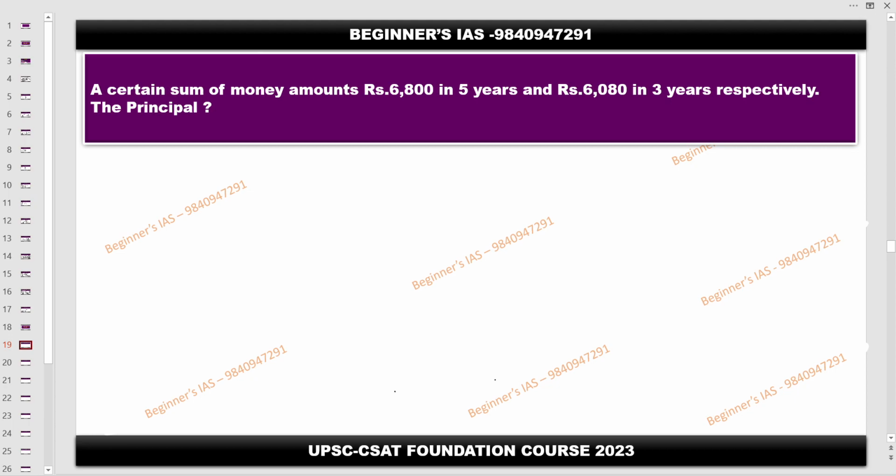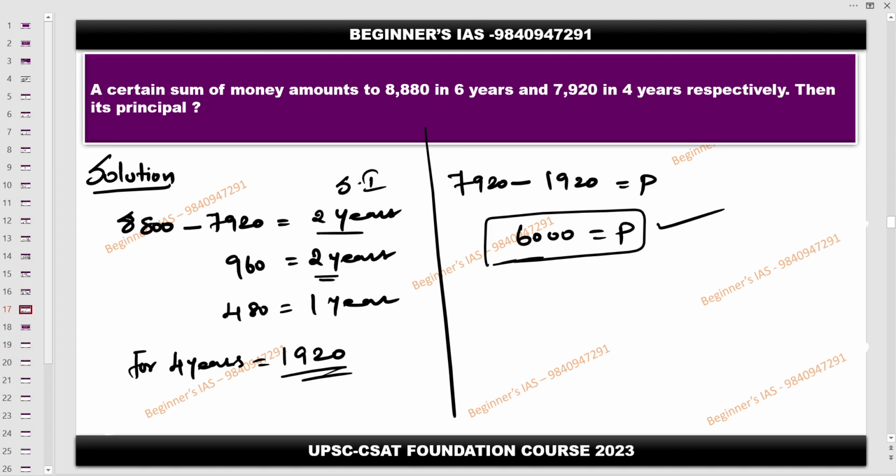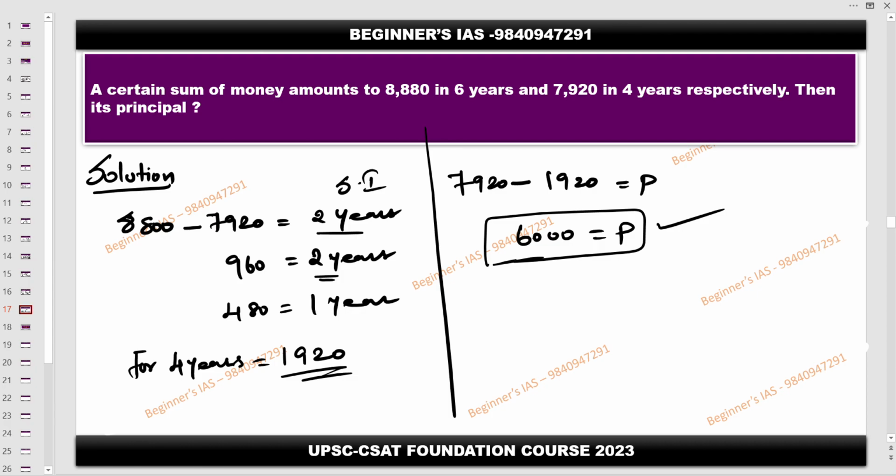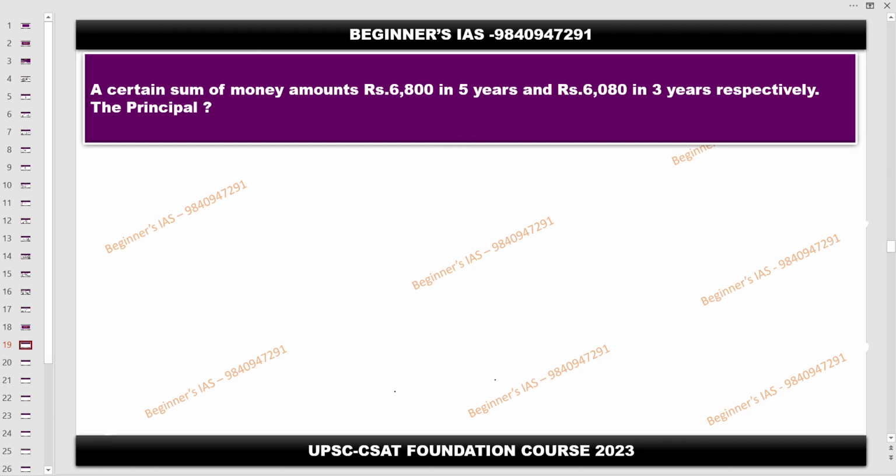What is the principal? You can solve this question using this method also. Find the simple interest for a year, then find the principal. You can solve by using any method.